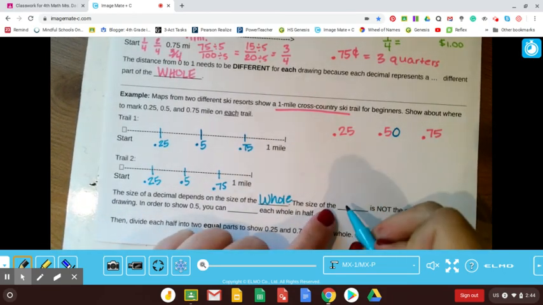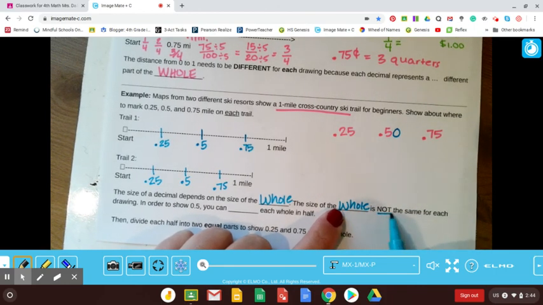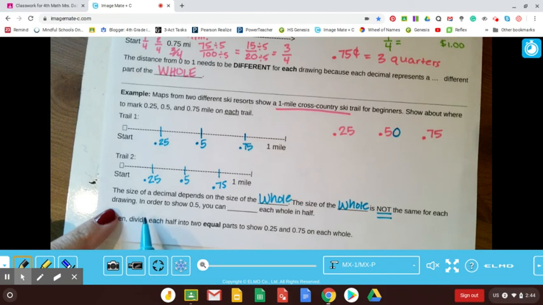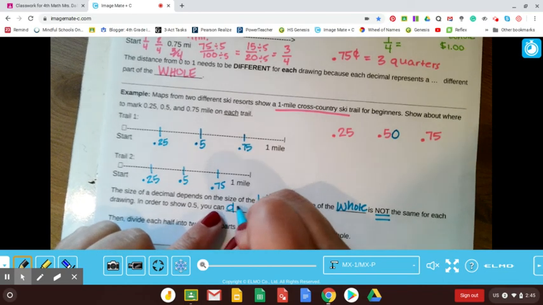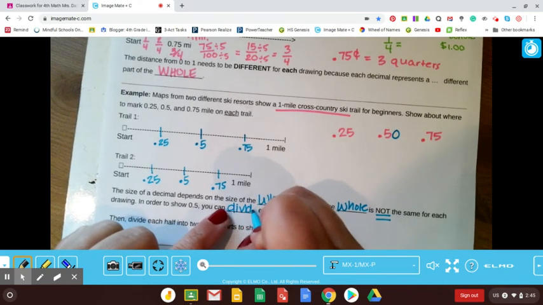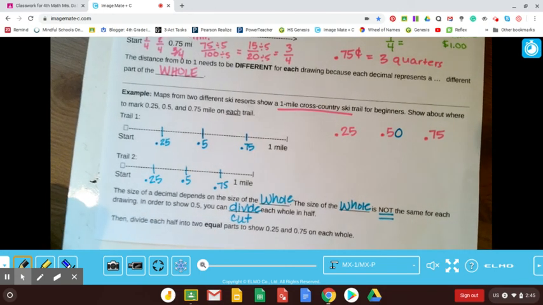The size of the whole is not the same for each drawing. In order to show 5/10, you could say divide each whole in half.